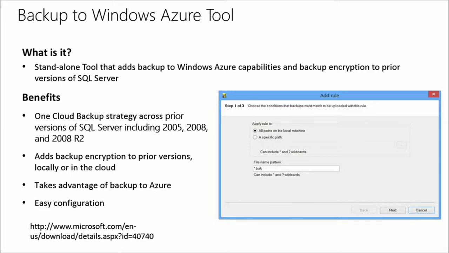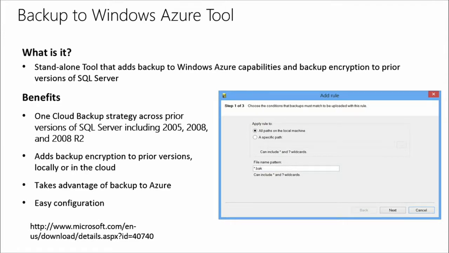So it doesn't matter if you're using SQL 2005, 2008, or 2008 R2, or 2012. You can use this tool to back up to the cloud from almost any version, as long as you have a Windows Azure storage account. This tool also adds backup encryption to these versions as well. So this tool can encrypt and compress your backups as you need it and if you want it. And this tool is very easy to configure.